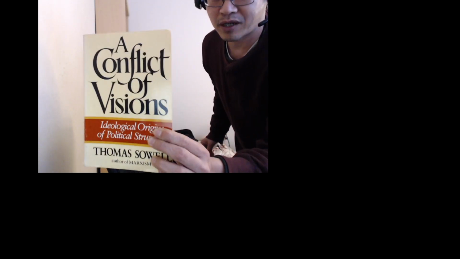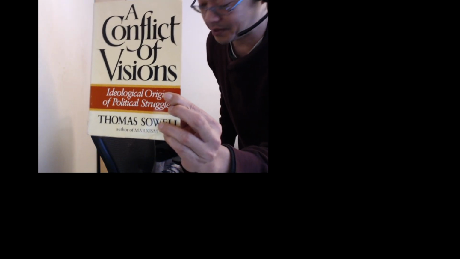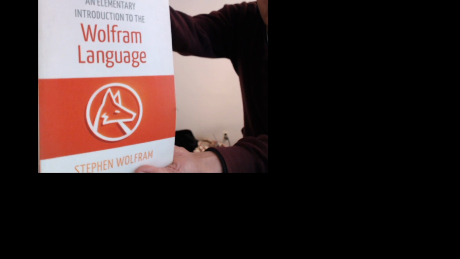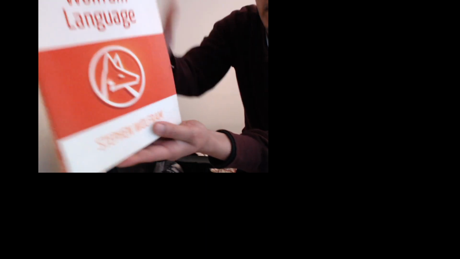This is one of my favorite authors, Thomas Sowell. The Expose keyboard, fantastic. An Elementary Introduction to the Wolfram Language by Stephen Wolfram. He sent me the book 3 years ago, 5 years ago or so.